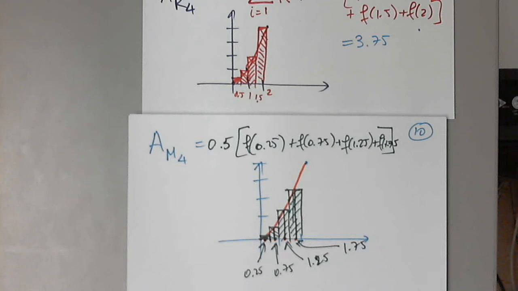So let's go back to stats and go back to edit. And you only want to edit the first one into 0.25, into 0.75, 1.25, and 1.75.